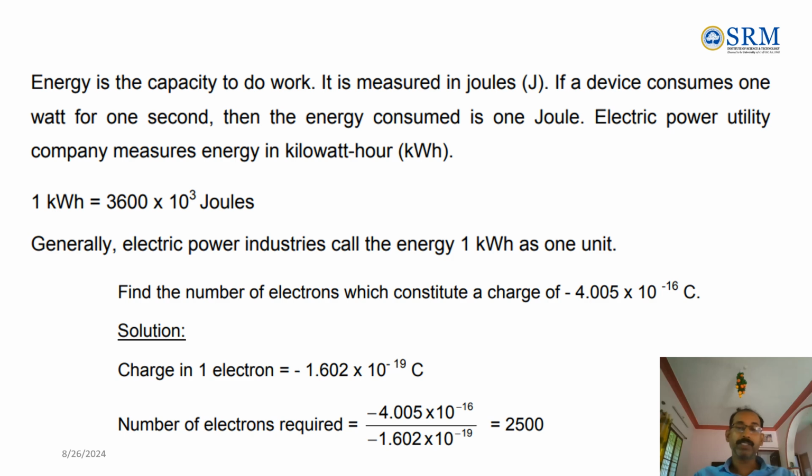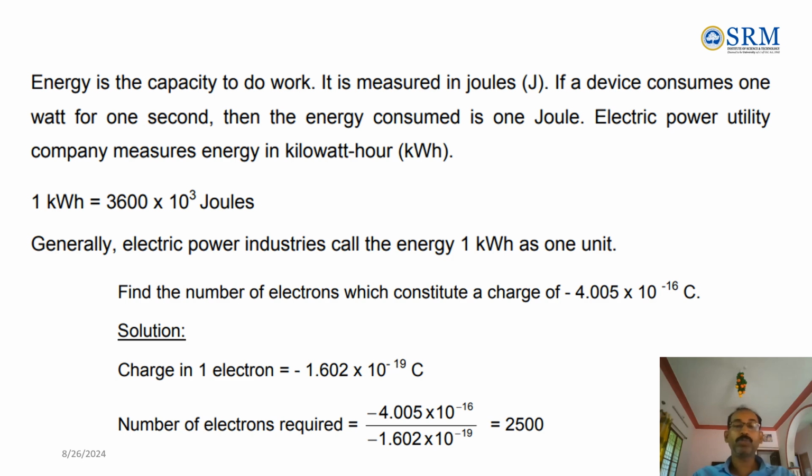The number of electrons which constitute a charge of 4.005 × 10 to the power of minus 16 coulomb: the charge of one electron is 1.602 × 10 to the power of minus 19 coulomb. So if you find the number of electrons which constitute a charge of 4.005 × 10 to the power of minus 16, it is very simple.